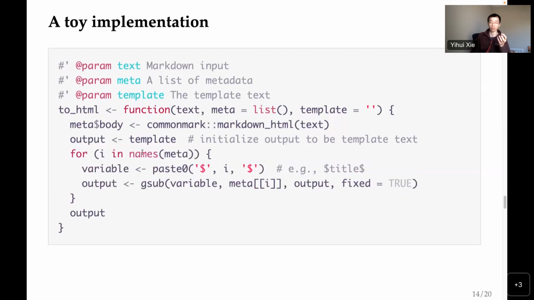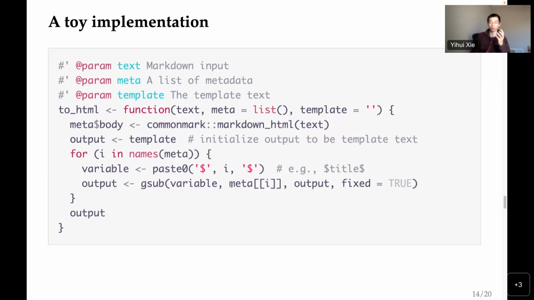Basically we're looping through all the variable names in the meta list. We loop through all the names. And for each variable in the metadata, we look for variables enclosed in a pair of $ signs. We find this variable enclosed in $ signs, and we substitute the variable with the value of that variable, meta with brackets indexed by the name of the meta variable.